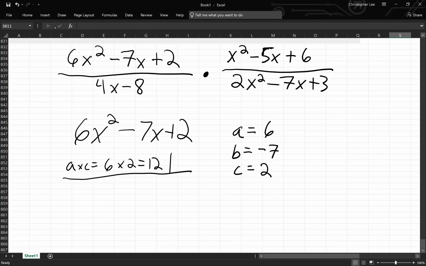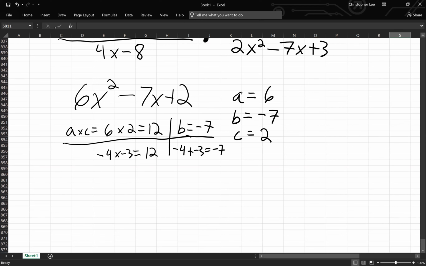And my B term is -7. Now I need two numbers that when I multiply them give me a positive 12, but when I add them together give me -7. Let's look at -4 times -3, that's positive 12. And -4 plus -3 is -7, right?